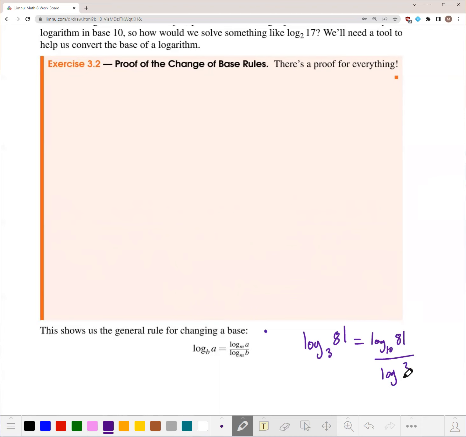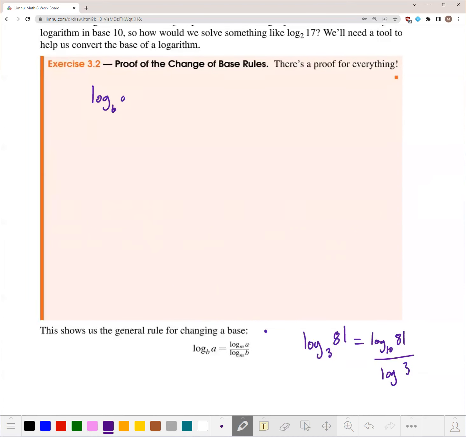So log 81 divided by log 3. And once again, you will find your answer to be 4. How does that work? What the heck? It kind of feels like I'm just cheating, right? Well, I'm not, and I'll prove it.